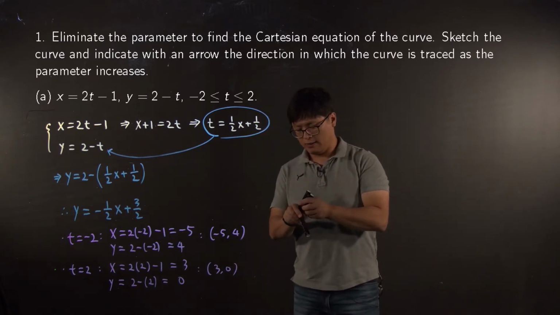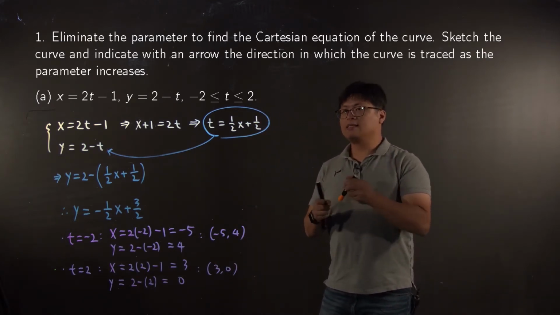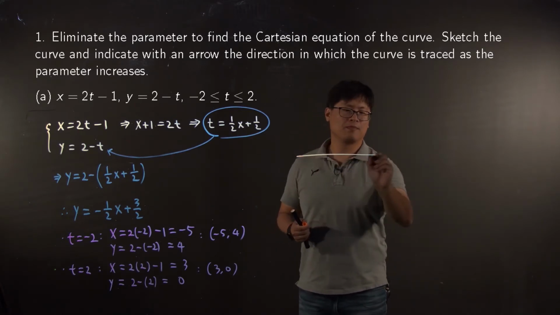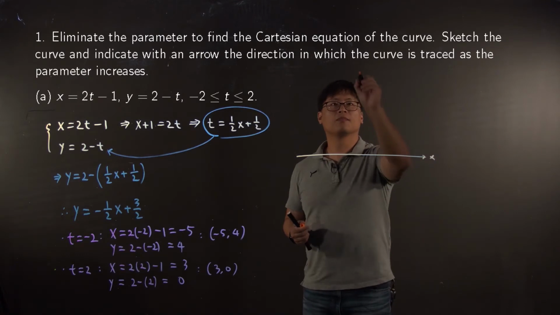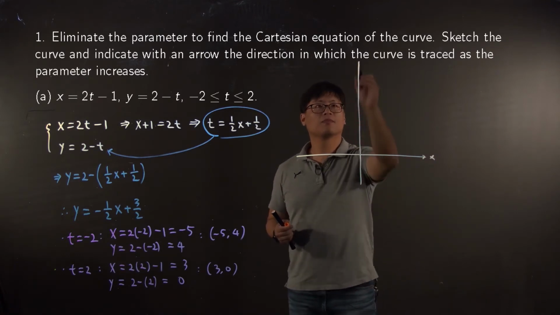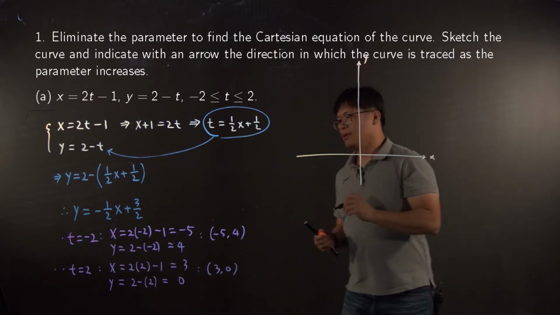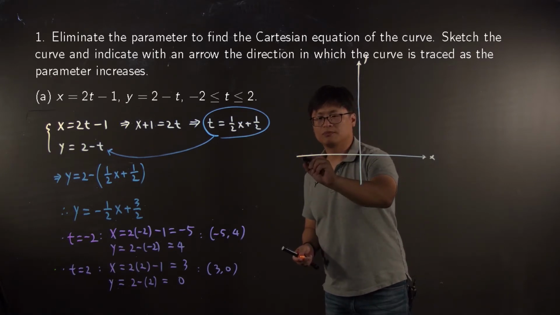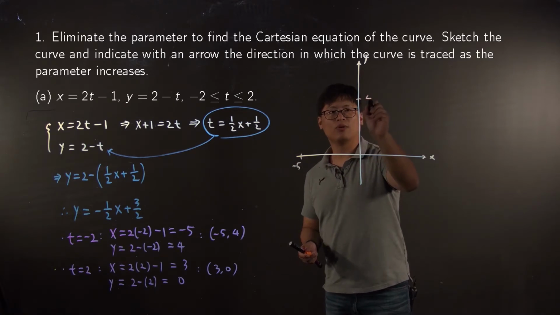Okay. In the x, y plane, my first point is (-5, 4). Let's say this is -5, and somewhere here is 4.